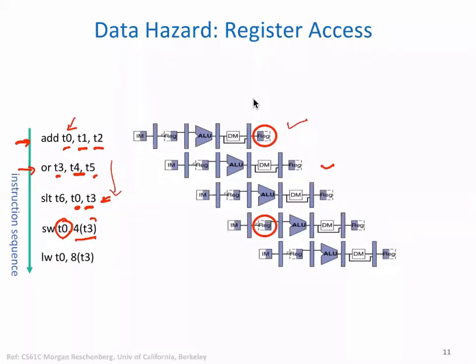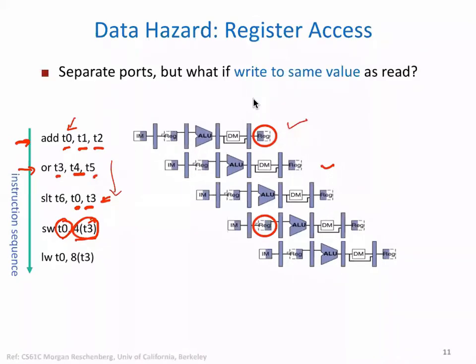The contents of T0 are getting stored in this location. So the third instruction, let's analyze it. Do you see any dependency between T0 in this SLT instruction and here?